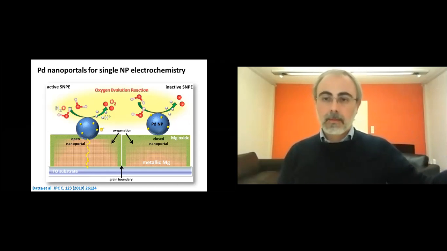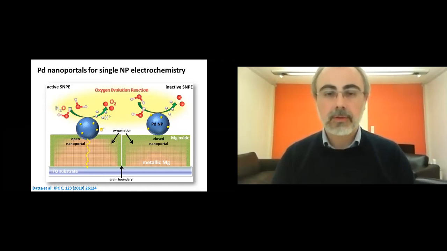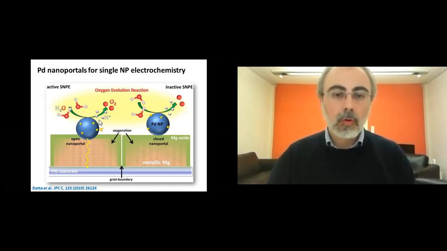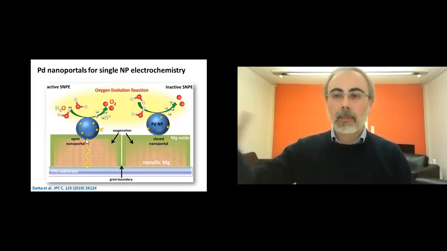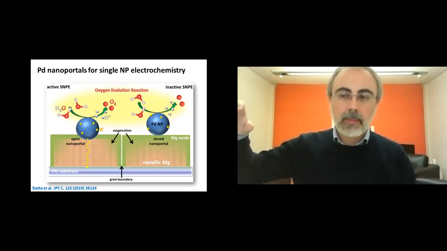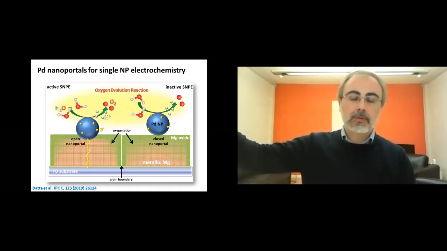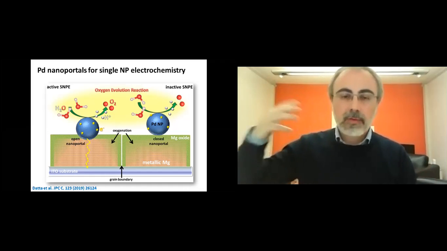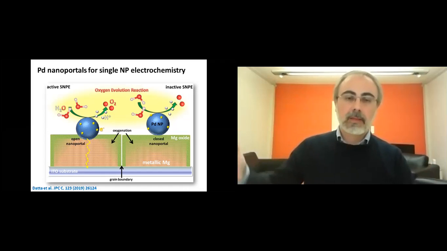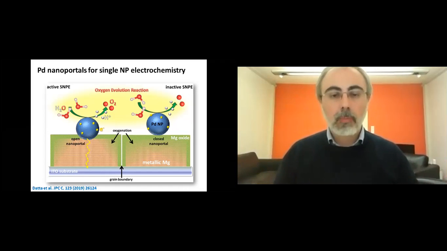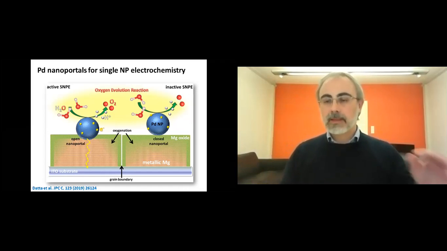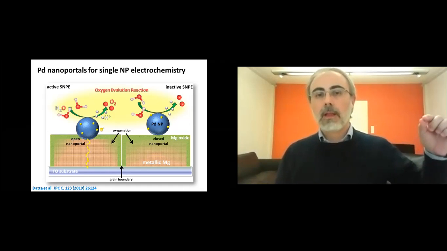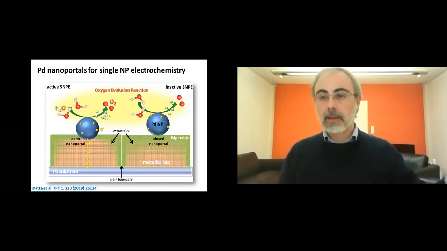But exactly because of the oxidation in between the nanoparticles, all the nanoportals are decoupled from each other. So what happens in one nanoportal does not affect what happens with the other. So in principle, if you take the overall signal and divide it by the number of open nanoportals, you can have the exact contribution of every single nanoparticle electrode.